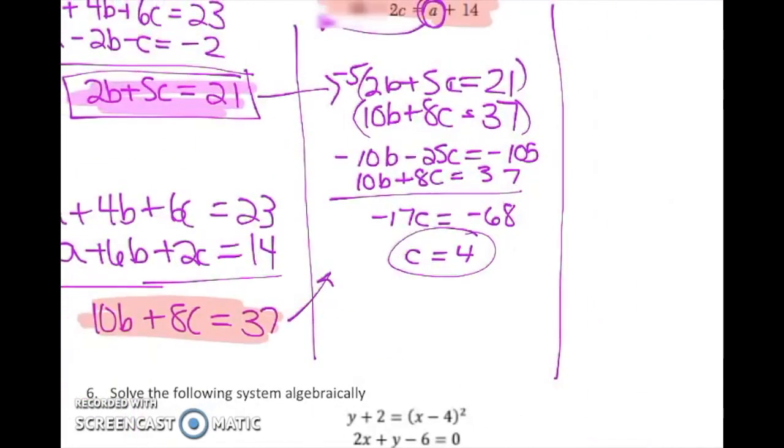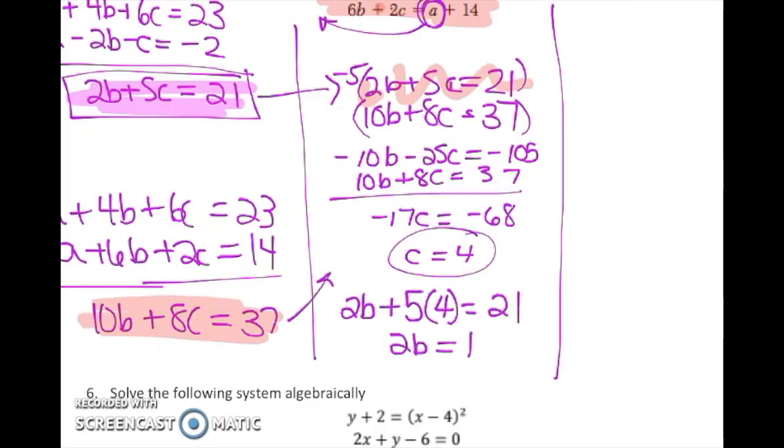Now, sticking in this column, I have these equations where I have just 2 variables. So I'm going to pick one of those and plug c in. So 2b plus 5 times c equals 21. That gives me 2b equals 1, so b is 1/2. Now on the Regents, typically we won't come up with a fractional answer.